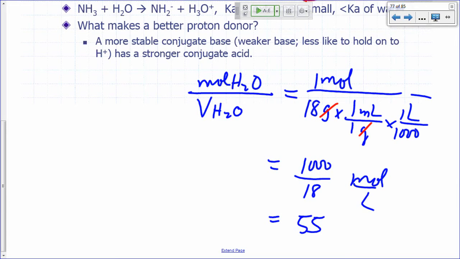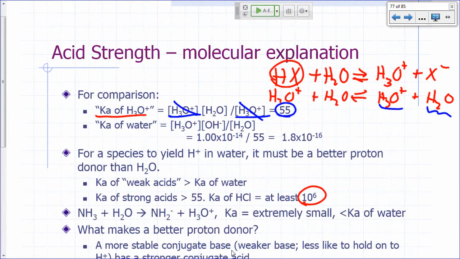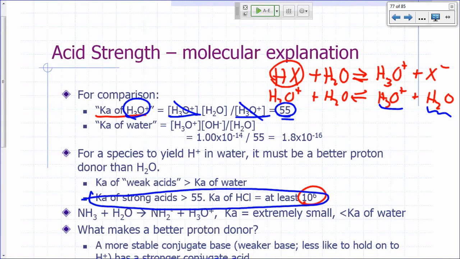So we say that the concentration of water in water is 55 moles per liter. So just for comparison purposes, putting the acids on the same scale, hydronium ion is going to have a Ka of 55. So anything that has a Ka of 55 is what you would call a strong acid.